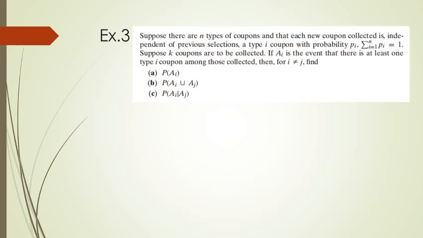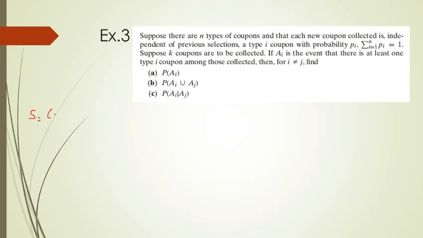So you have the probability pi to choose the type i coupon, depending on i. Of course, the probability you choose all the n coupons will be 1, right? Suppose k coupons are to be collected. If Ai is the event that there is at least one type i coupon among those selected, then for i not equal to j, find all those 3 probabilities. Let's work out one by one.